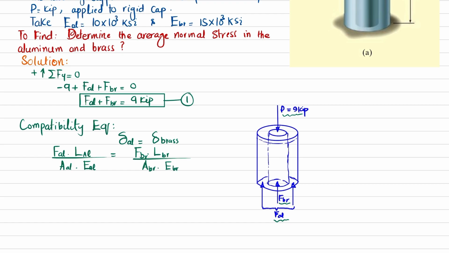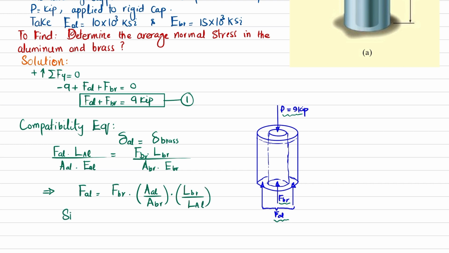Okay, so from here, if I solve for F of aluminum, F of aluminum will be equal to F of brass multiplied by area of aluminum divided by area of brass, multiplied by length of brass divided by length of aluminum.